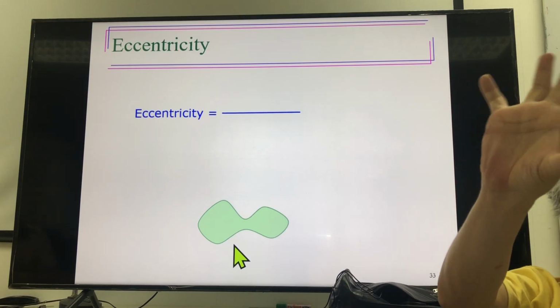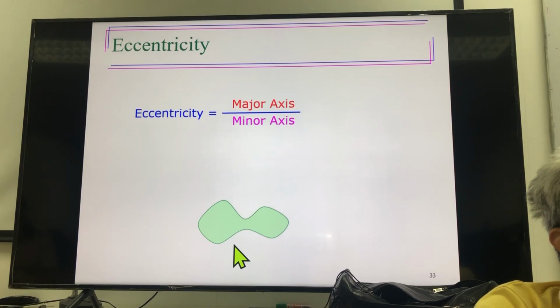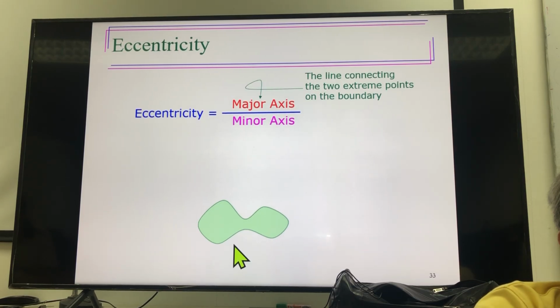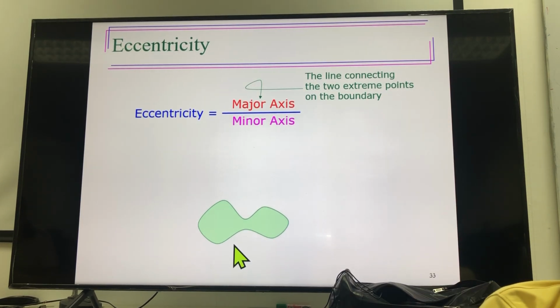Eccentricity. This measures how different the shape is. You get the ratio between the major axis and the minor axis. The major axis is the line connecting the two extreme points on the boundary.